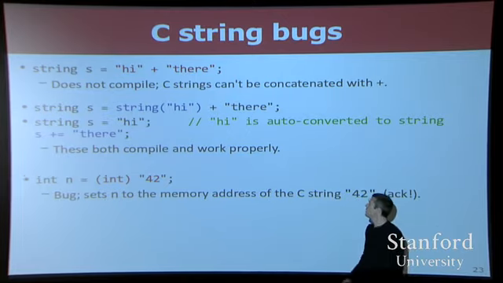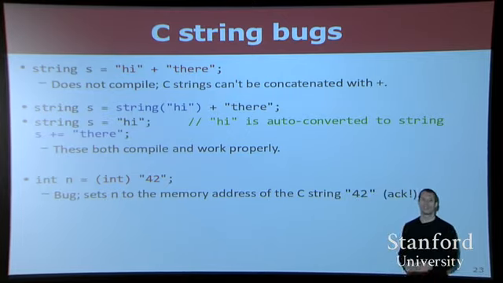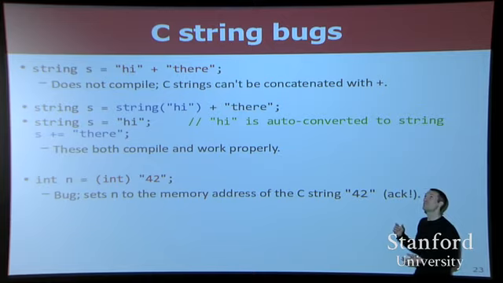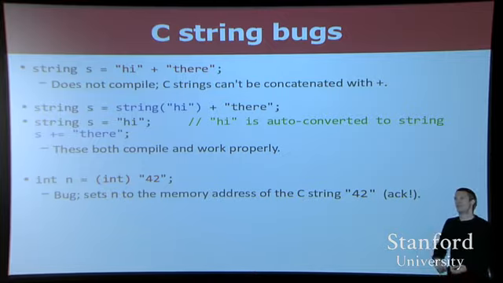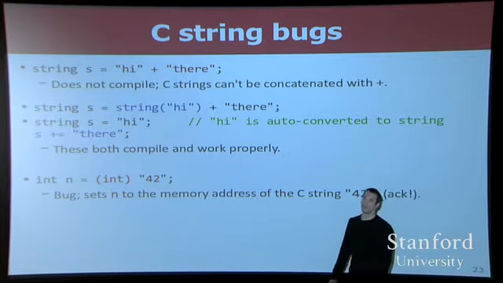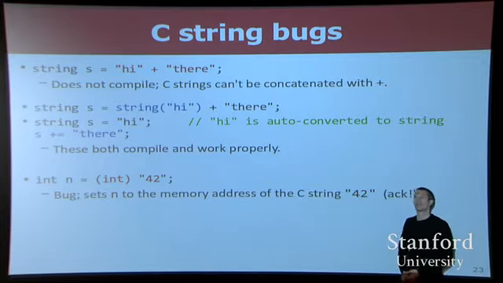It lets you do it, and n stores a gibberish, crazy value. It doesn't store the number 42. And the value that it does store is the memory address at which that string is located in the computer's memory while the program is running. Why does it do that? It has something to do with something called pointers that I'm definitely not going to talk about today, but later I'll explain. It's just a dumb thing.